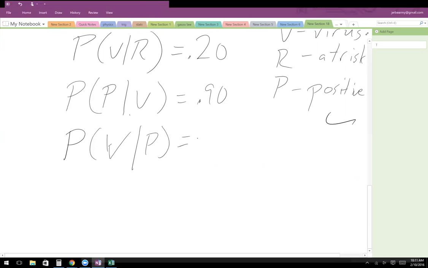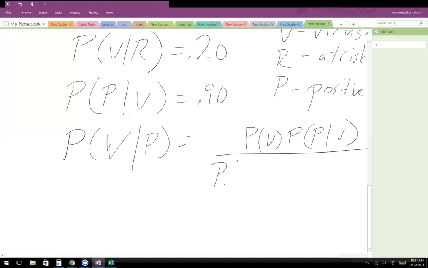So Bayes' theorem would say that's the probability you have the virus times the probability you test positive given that you have the virus, over the probability that you have the virus, probability that you test positive given that you have the virus, plus the probability you don't have the virus, probability you test positive if you don't have the virus.